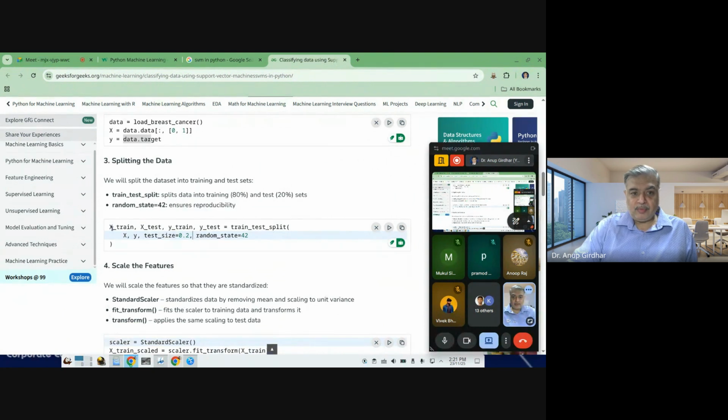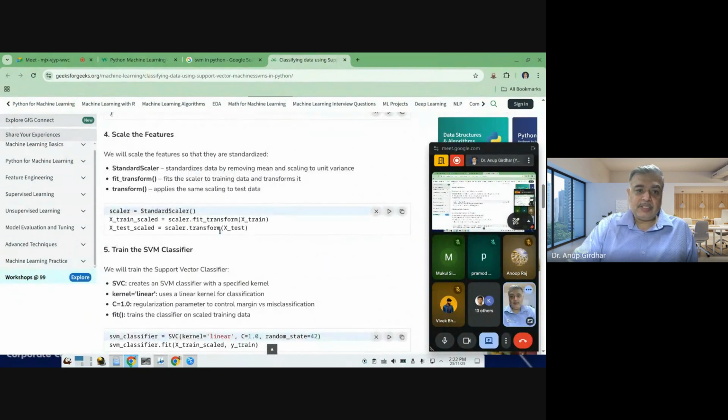So we randomly pick the data with an 80-20 ratio and split it into X_train, X_test, y_train and y_test. Once that is done, use the scaler for standardization by removing the mean and scaling to unit variance, and fit and transform your data.